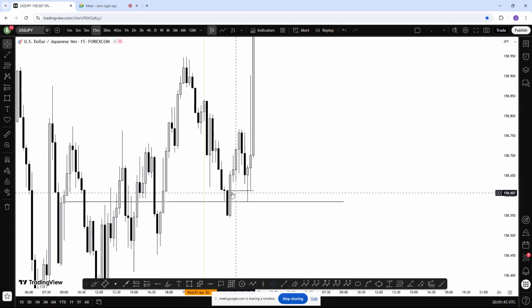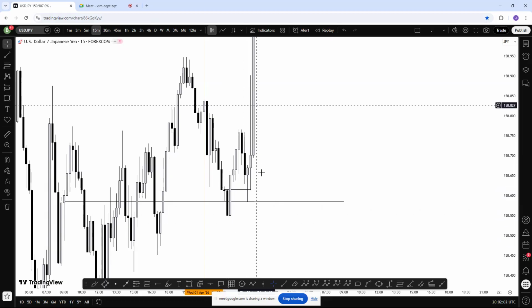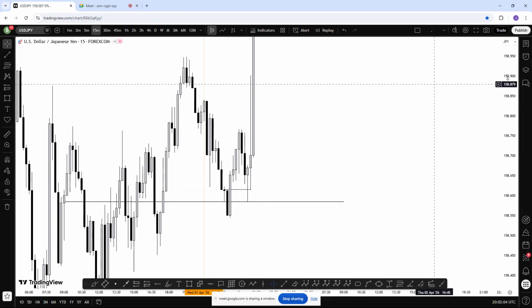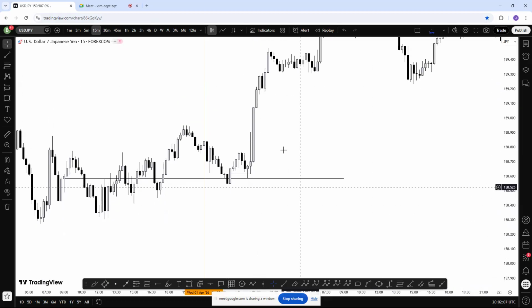Another block is around here on this candle, because you have two candles that were engulfed by one candle. So the order block starts from here. Then once price comes back to touch this area, you can see a good setup, beautiful manipulation, and then the price goes higher.